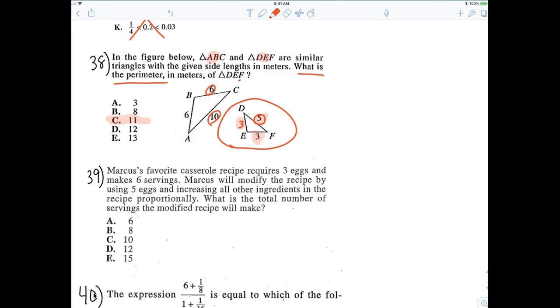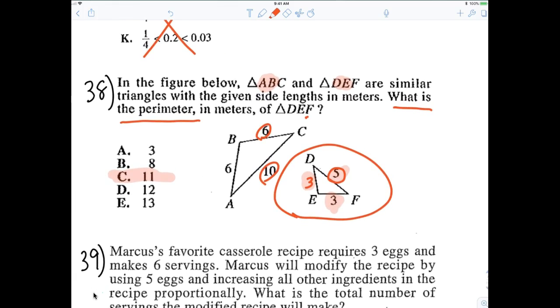Watch me. Look up. What I'm trying to show you is this now. AB corresponds to DE because of that triangle. That's called the similarity statement. You hear me? I know that BC corresponds to what?